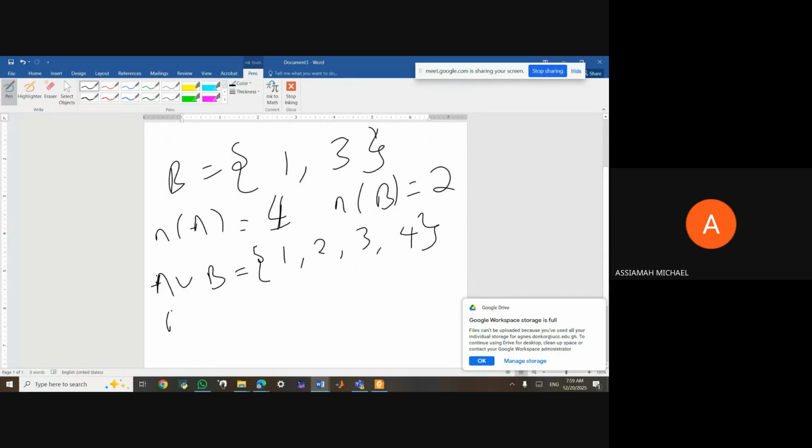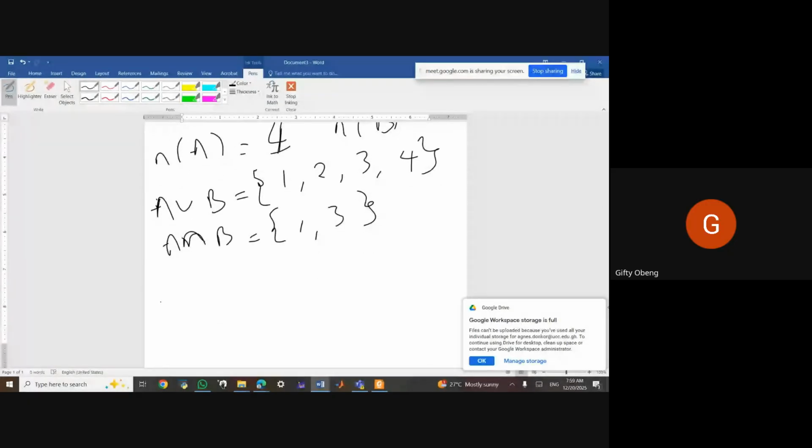Let's find A intersection B. A intersection B is 1, 2. So can we find the number of elements in A union B? There are 4. And the number of elements in A intersection B? There are 2.